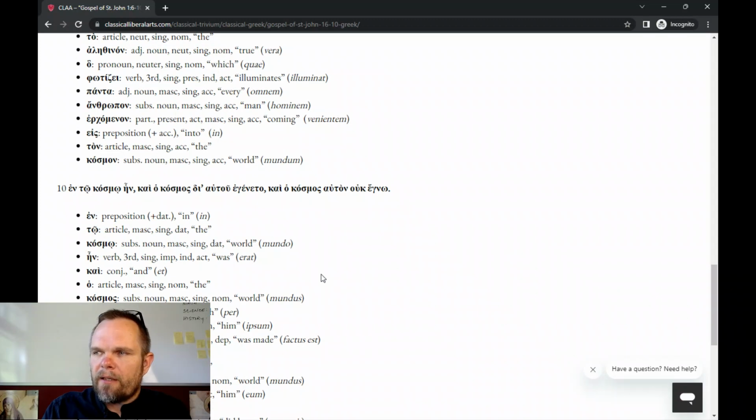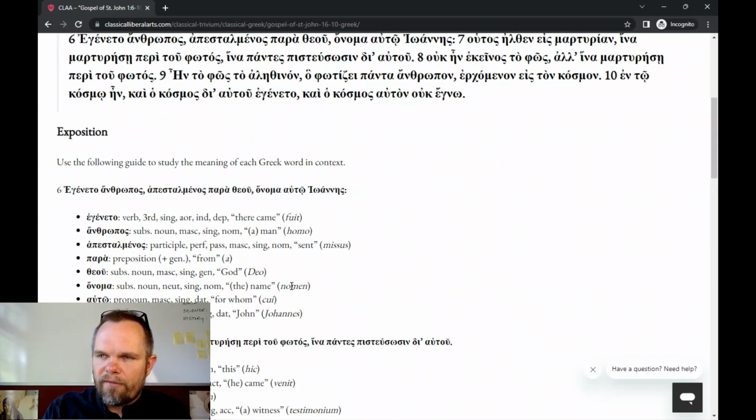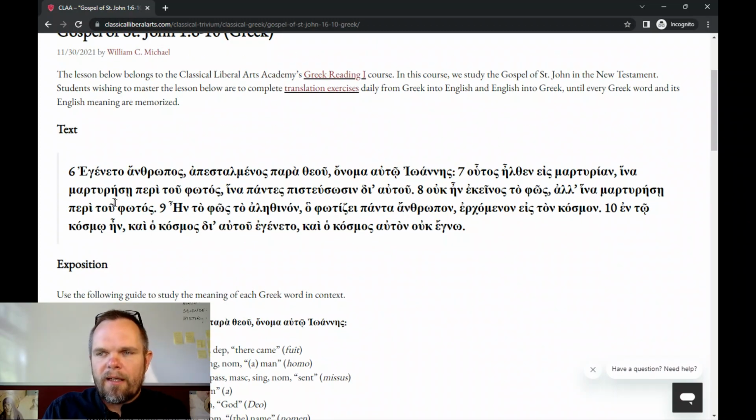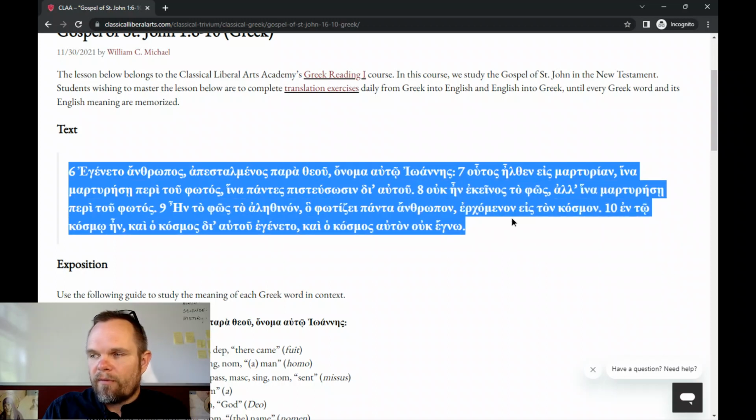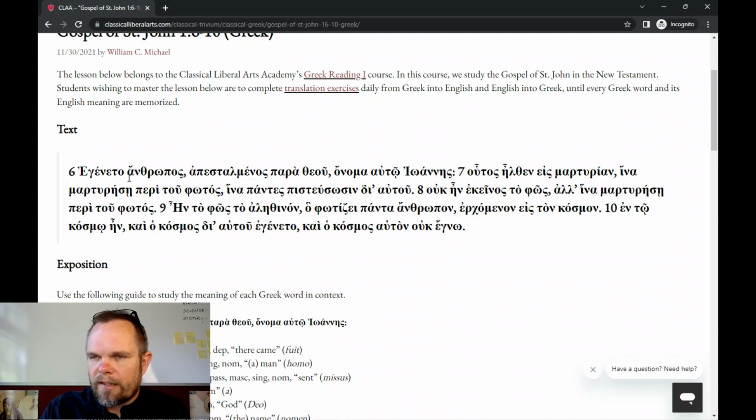To wrap up here, having studied all of that, gone through all of the exposition, let's just read through verses 6 through 10 one more time to bring this lesson to a nice and neat completion. So let's read verses 6 through 10. Egeneto anthropos apestalmenos para theou, onoma auto Ioannes.